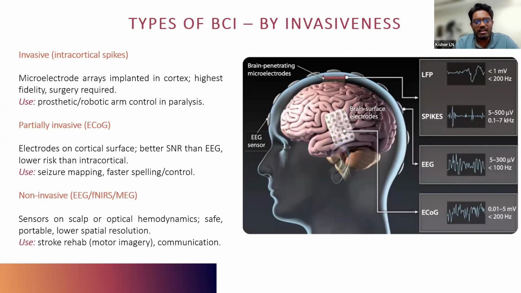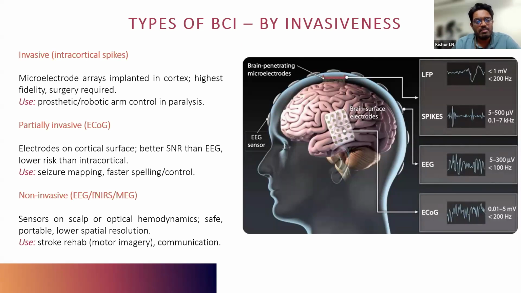They carry less risk than the invasive ones, and they definitely have a better signal-to-noise ratio than your normal EEG. This can be used for seizure mapping, or if someone has locked-in syndrome or aphasia and is not able to communicate anymore, then you can use this for a speller control. I'll get to how you can use brain-computer interface for speller control in a bit.